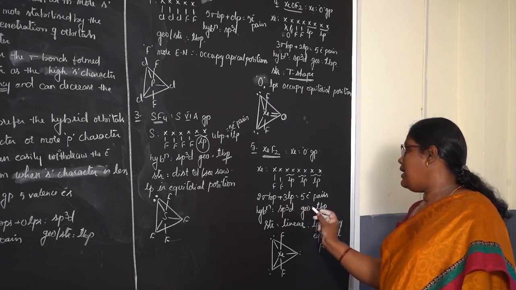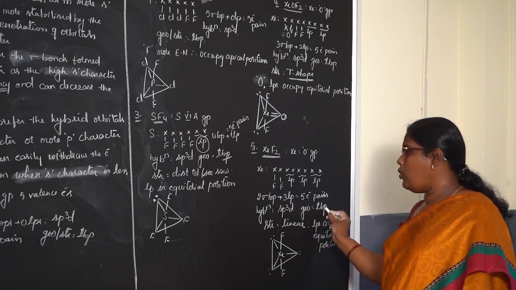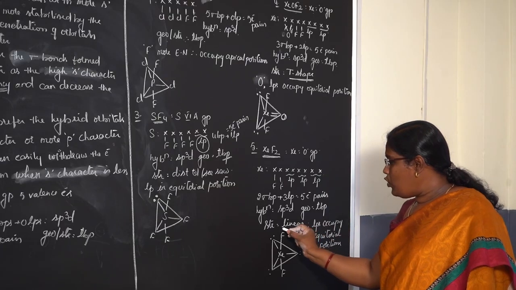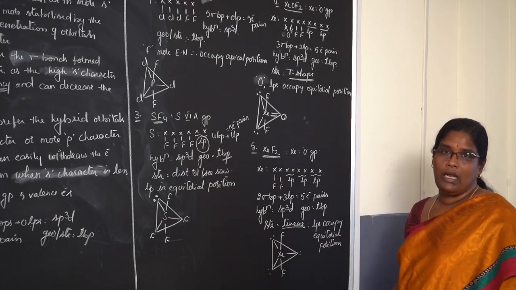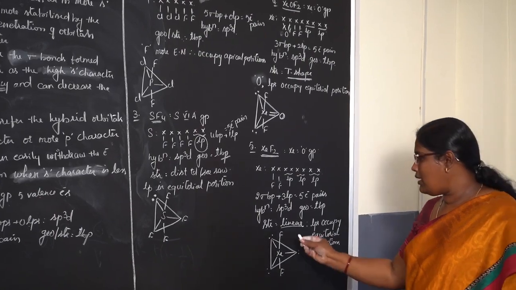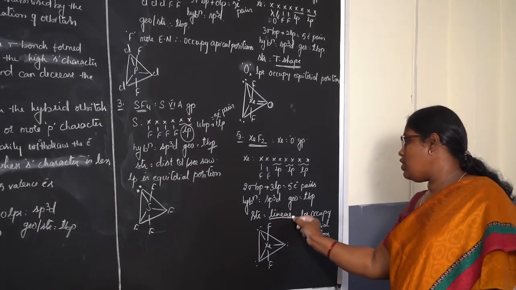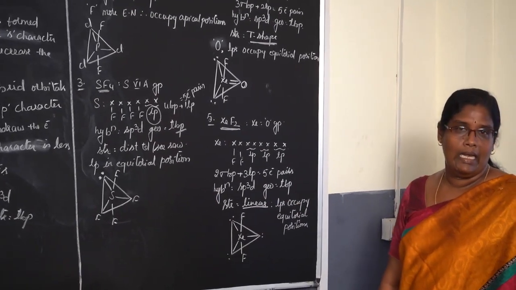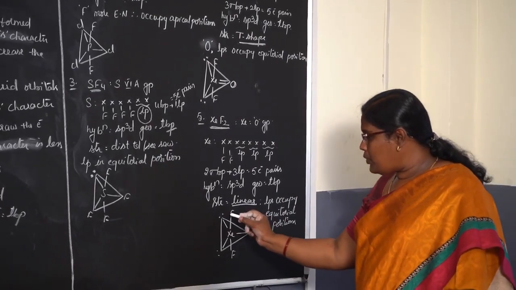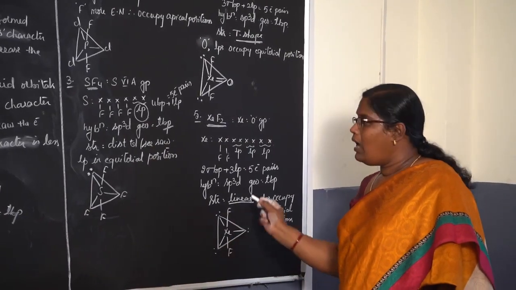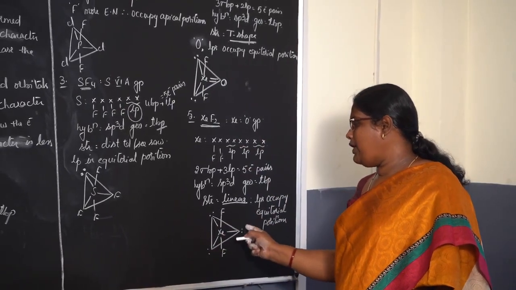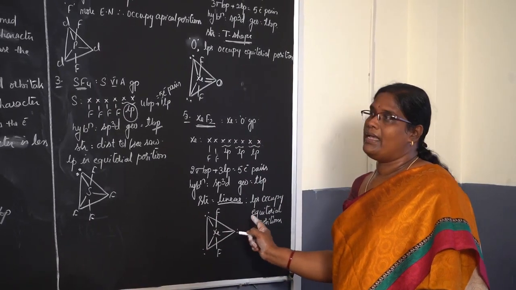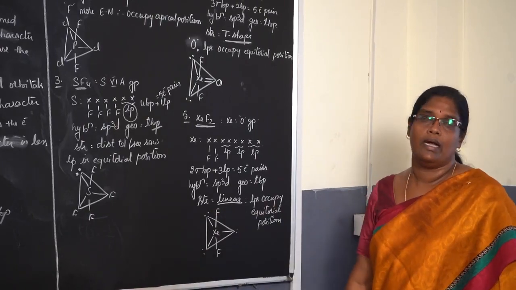Hybridization is sp3d, geometry is trigonal bipyramid. But what would be the structure? Because of the lone pairs, again distortion occurs. Therefore, the structure of the molecule will be linear. And what are the positions of lone pairs? Again, when we apply Bent's rule, they occupy the equatorial positions as the s character is more in the equatorial position.